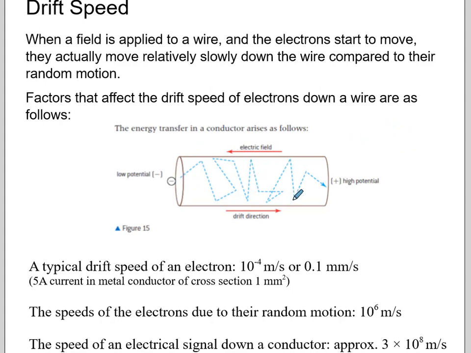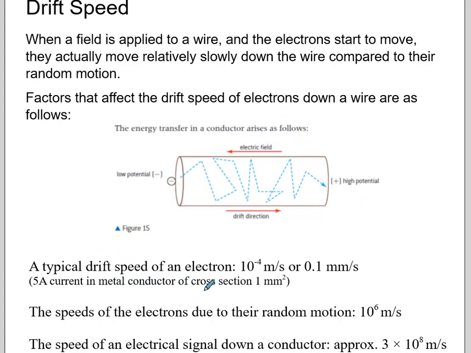All of these little electrons are jiggling around and doing their random chaotic motion because they're interacting with all the nuclei, they're interacting with other electrons. But what you start to notice is that the tendency is they tend to move towards the positive. So you have a negative charge moving towards a positive, so the drift direction is going to be to the right for this particular one. You'll notice it's the opposite of the electric field.